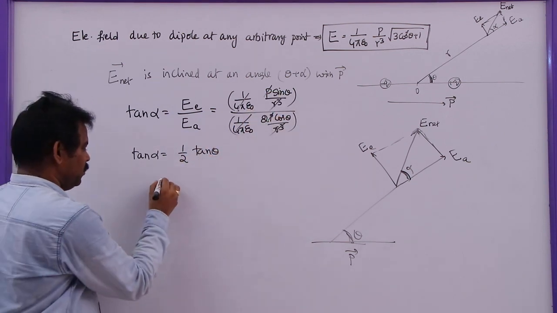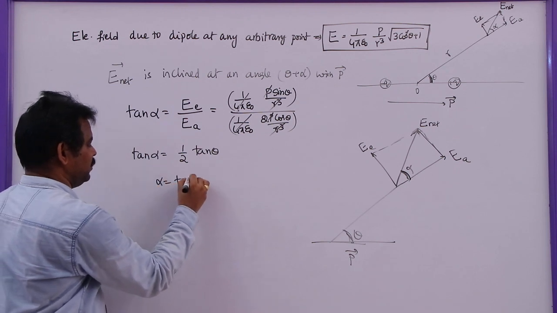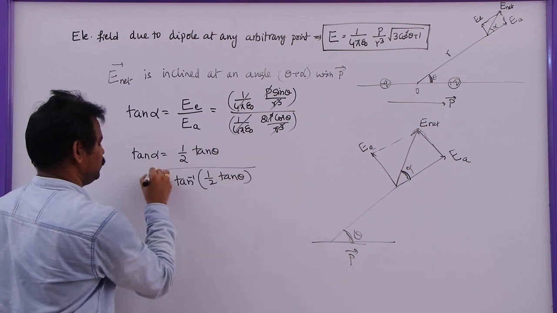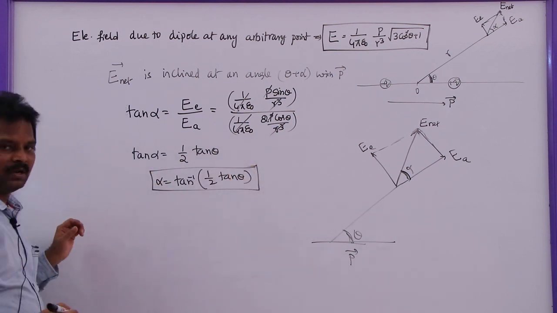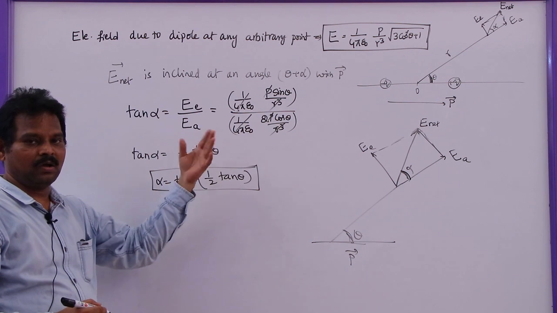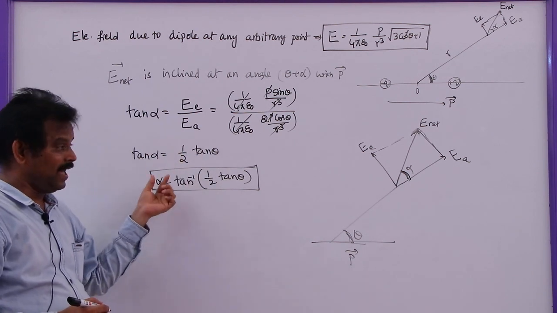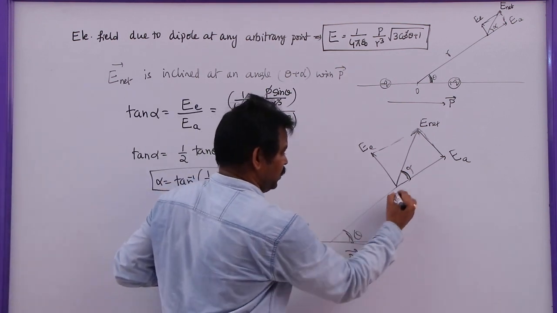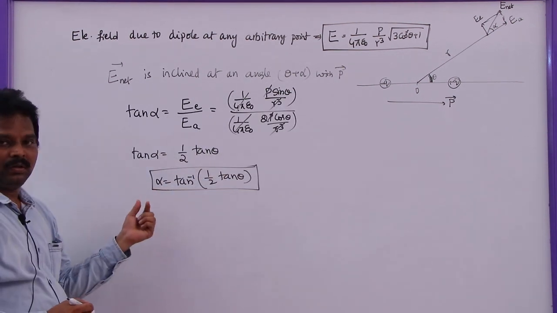So this is the final expression, where alpha is equal to tan inverse of half tan theta. So this is the relation between theta and alpha, where alpha is the angle made by the resultant with p cos theta, not with p. This is p cos theta.